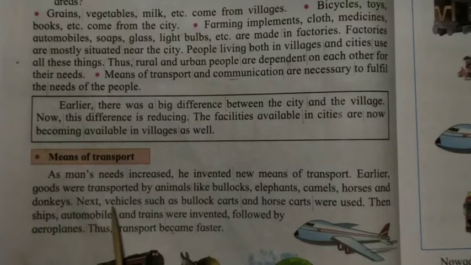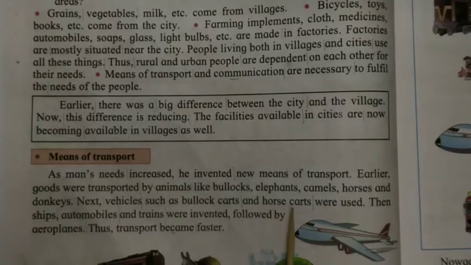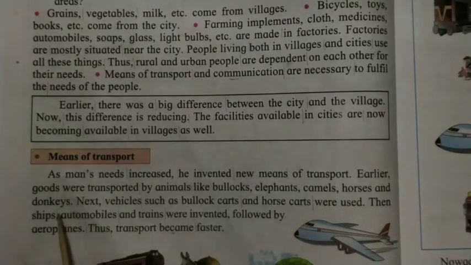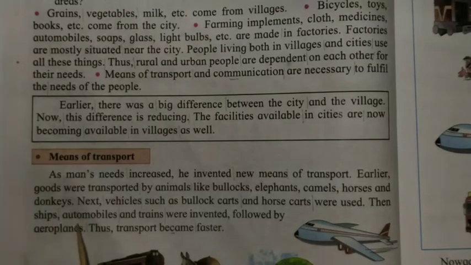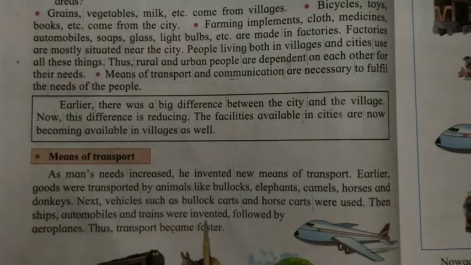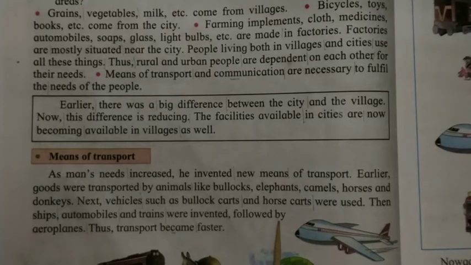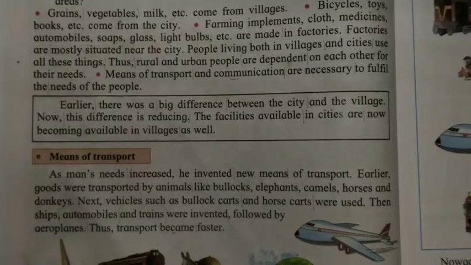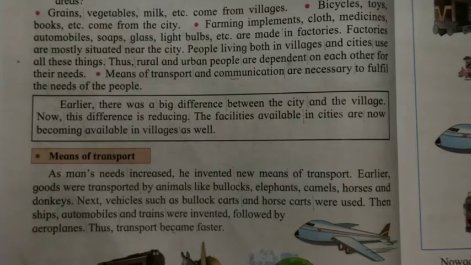Next, vehicles such as bullock carts and horse carts were used. Then, ships, automobiles, and trains were invented, followed by aeroplanes. Thus, transport became faster.